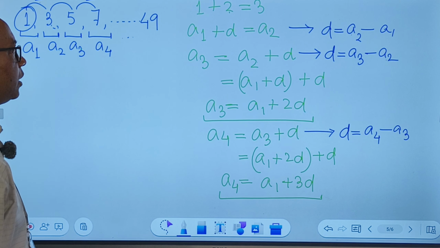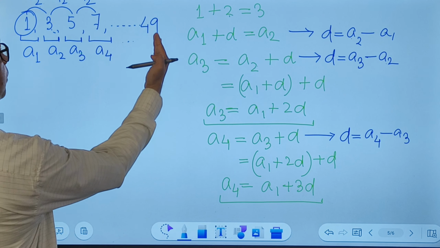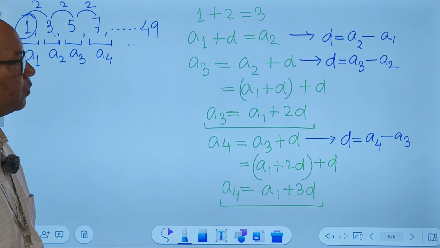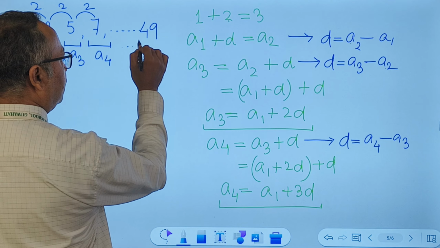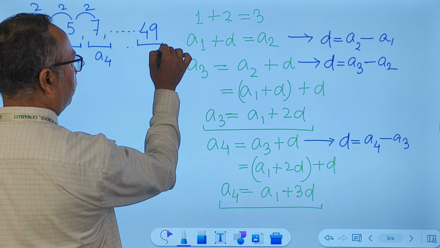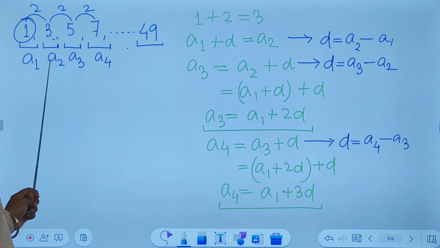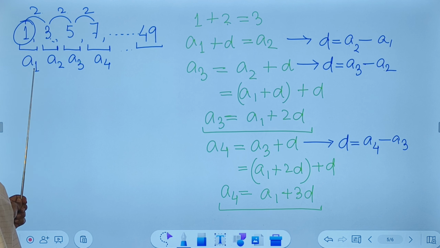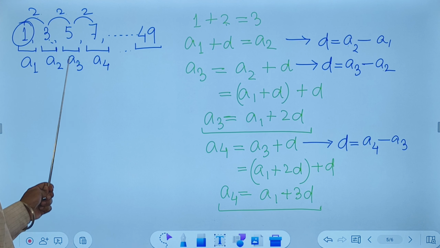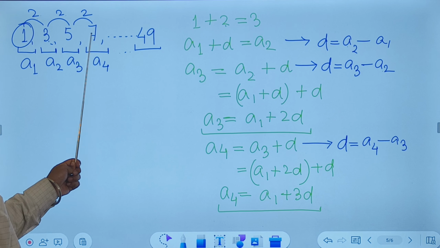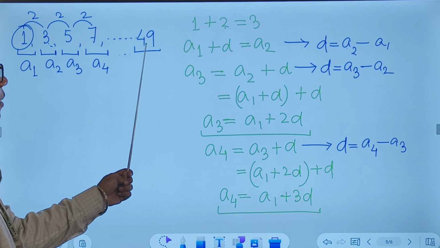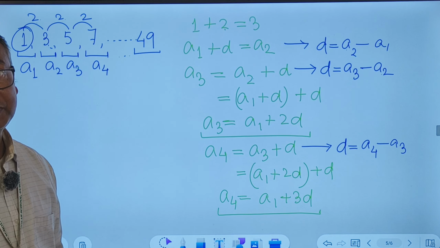So this is the last number of this particular sequence. Since this is the first term 1, this is the second term, this is the third term, this is the fourth term. Fourth term is this one. And this term, we don't know the number of terms.